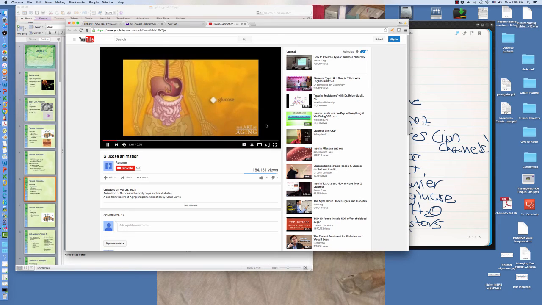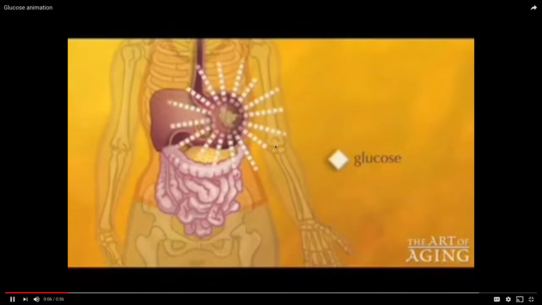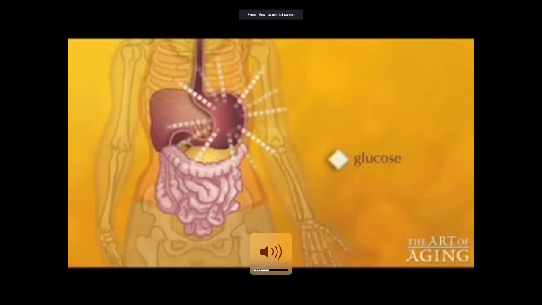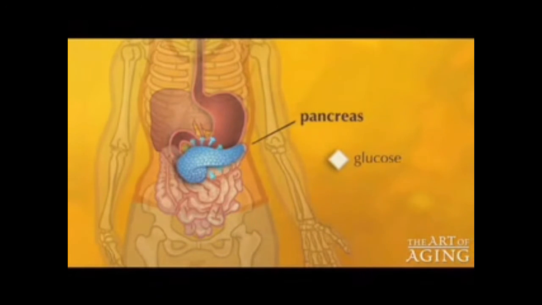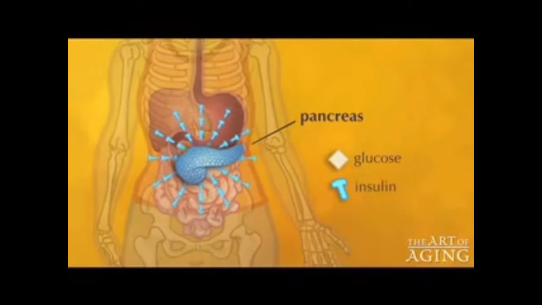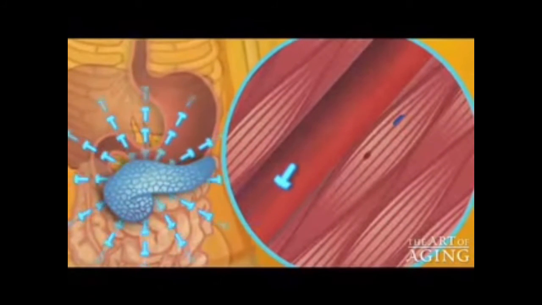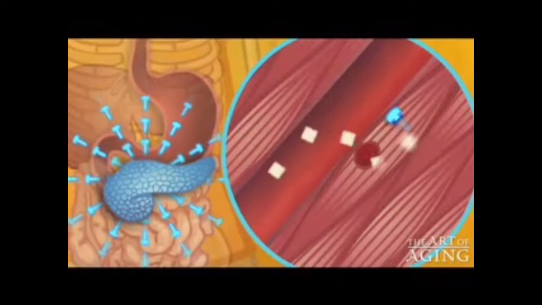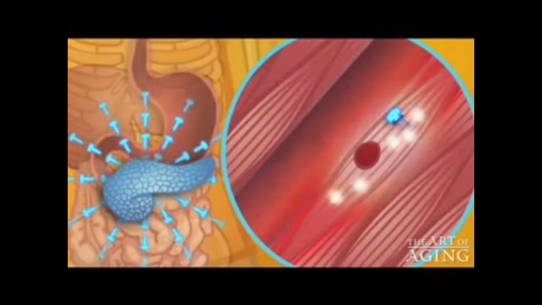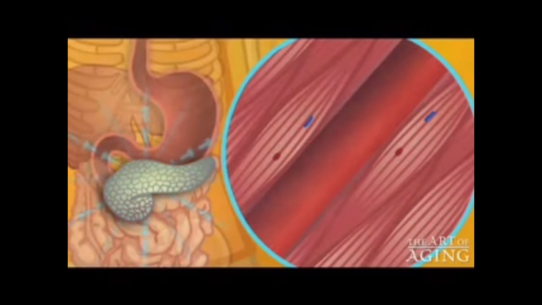Glucose enters the bloodstream when the body breaks down food to use as fuel. The level of glucose in our blood is controlled mainly by the pancreas, which manufactures and releases the hormone insulin. Insulin works like a key, allowing the body's cells to take glucose up out of the bloodstream and store or use it as energy. In diabetes, two complications can arise.